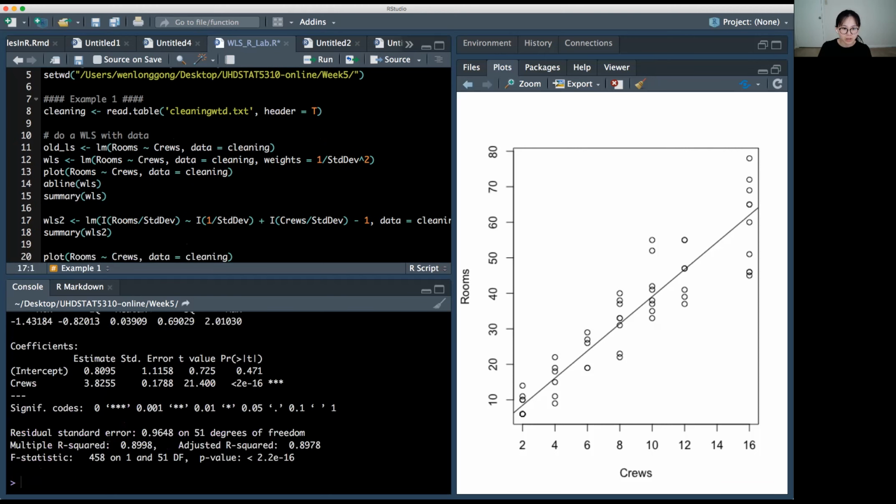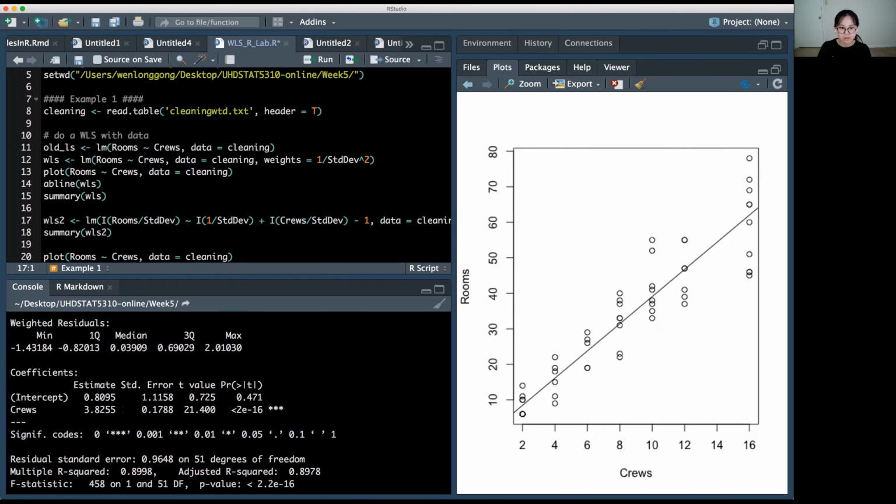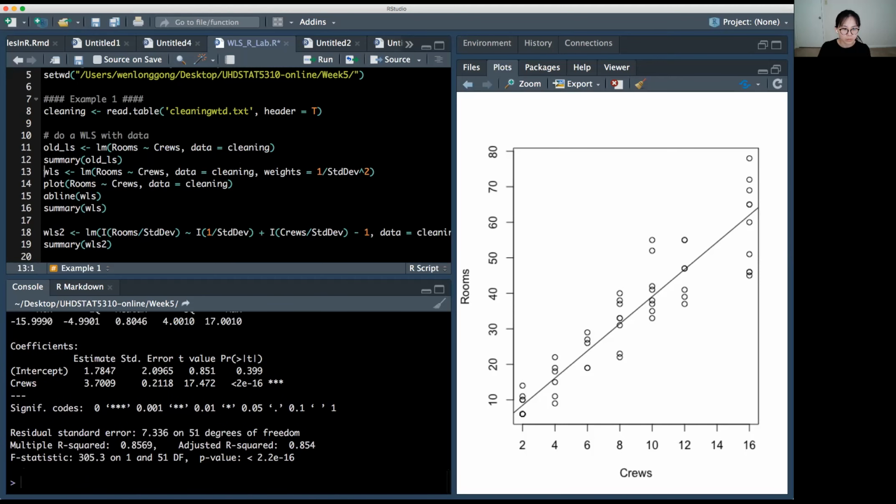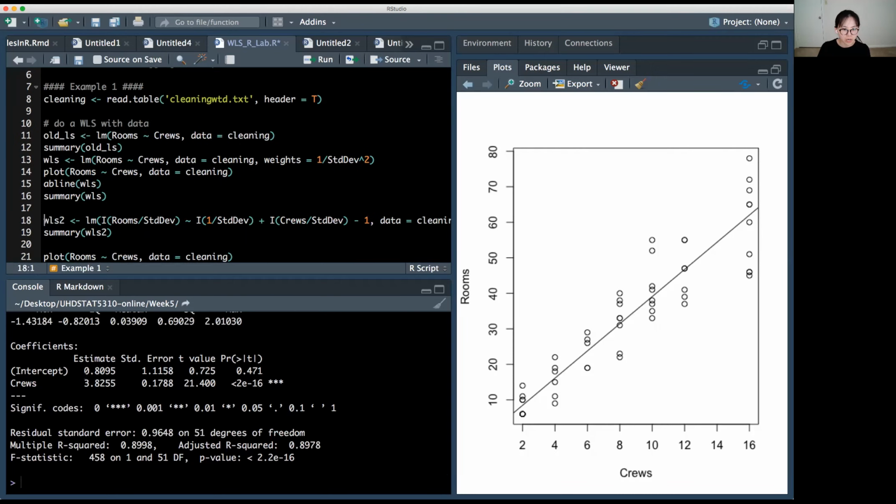And if we do a summary, this is what I had in our slides, where the estimate has changed from the original one. If we don't do any weighted least square, we have 1.8 and 3.7 as the estimates. But for the weighted least square, it has slightly different estimates.